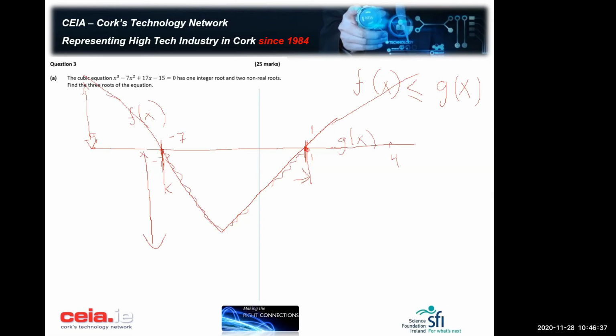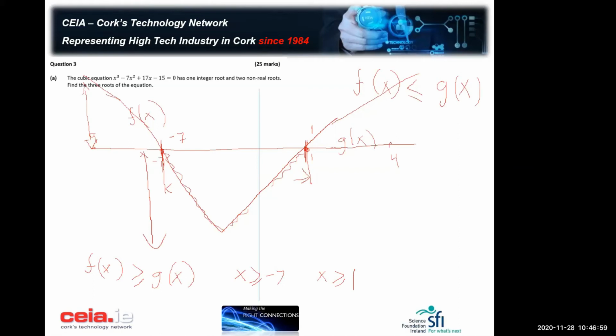You see, it's in the higher realm of it. Its values are higher. So f of x is greater than g of x where x is greater than or equal to 1 and where x is less than or equal to -7. I hope you can see that.